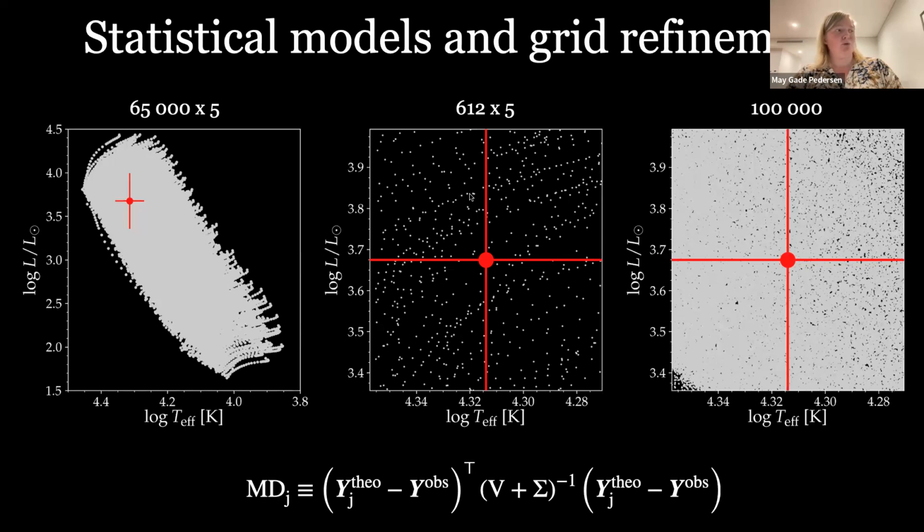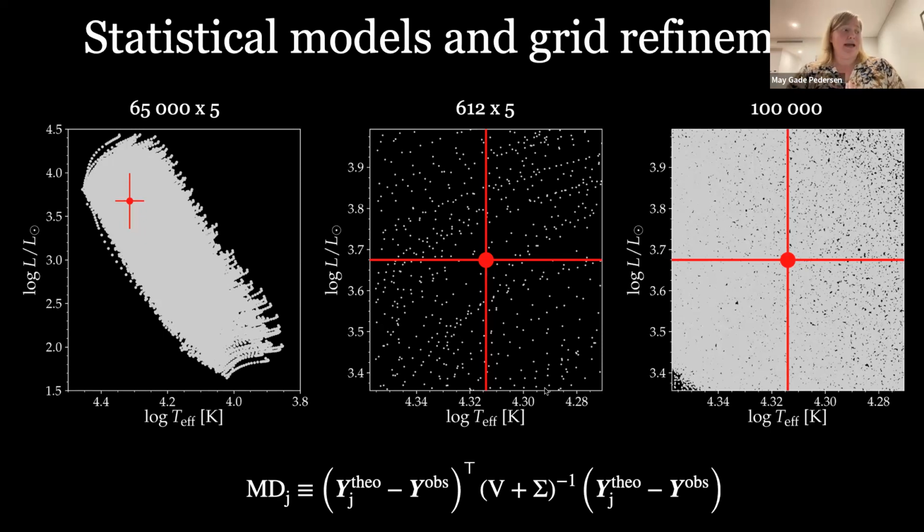So originally, if we only used the grid itself for the modeling, we would have about 612 stellar models with 5 different rotation rates for the oscillation calculations. Using the statistical models, we can easily increase the number of models inside that range to 100,000, which is what we used for each star.